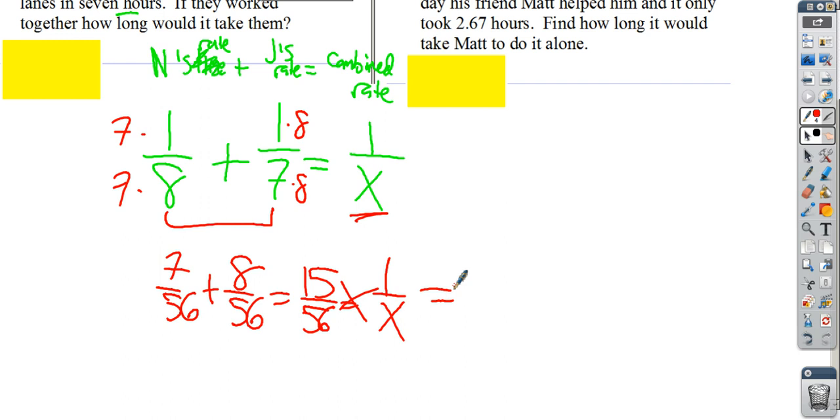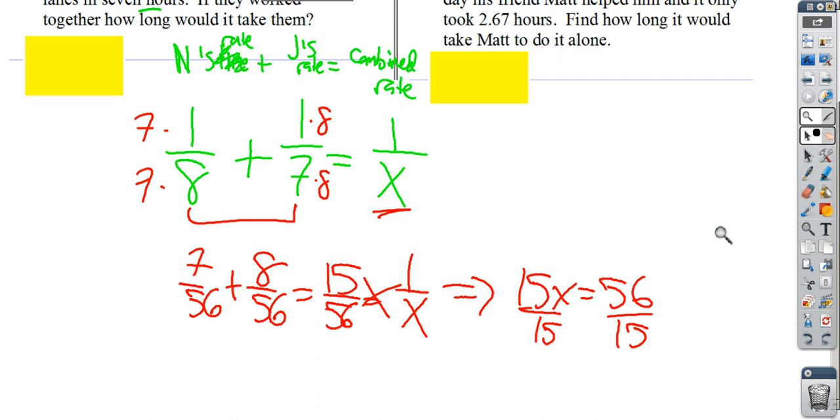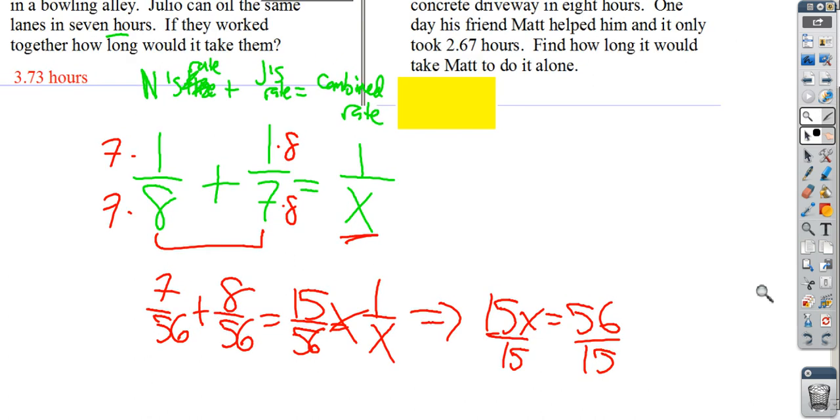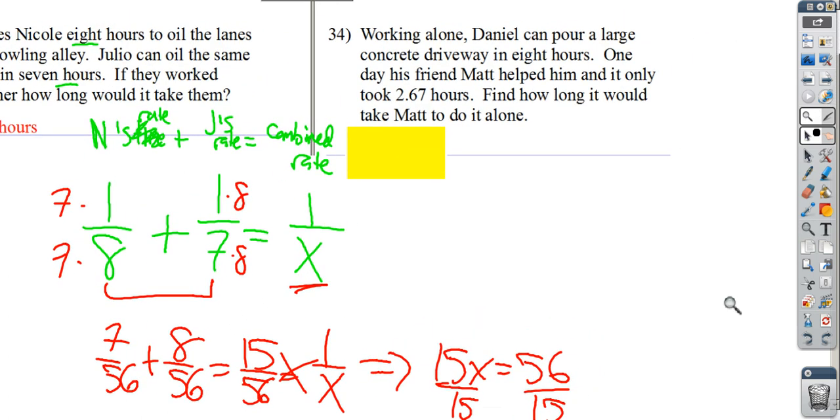It's going to be 15x equals 56. If we divide by 15, we get x equals 56 over 15, and that comes out to be 3.6 or 3.7 roughly. I don't have a calculator with me at the moment, but it turns out to be 3.73 hours. So 3 hours and 43 minutes or something like that.